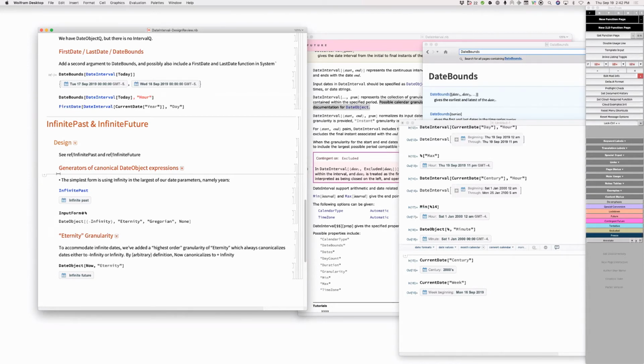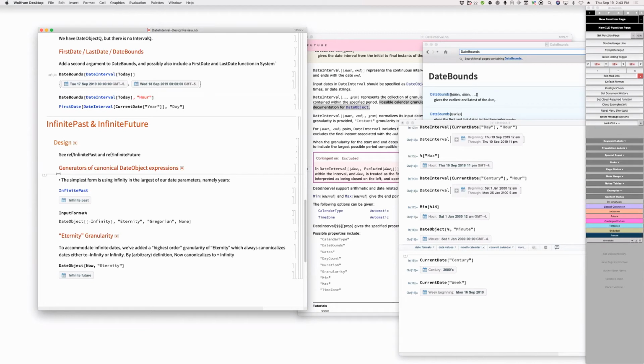And initially, when I was looking at them in date interval, I had imagined infinite future and infinite past would just be inert symbols, but having them be a canonical form of date notation, where you have a date object that has a first argument that is infinity, means that we can expand that to work in the larger date framework.